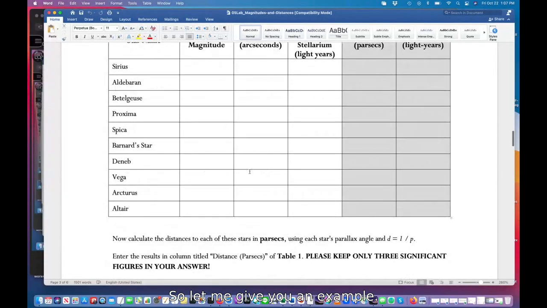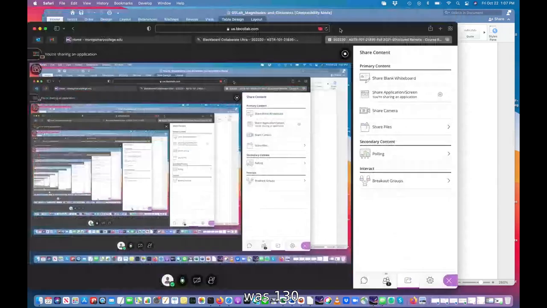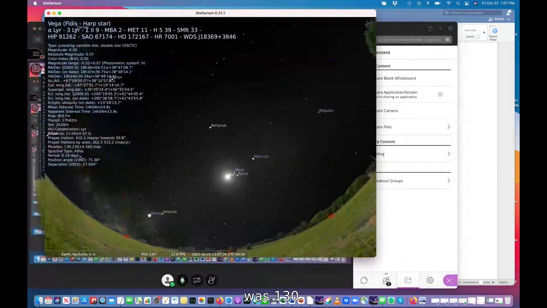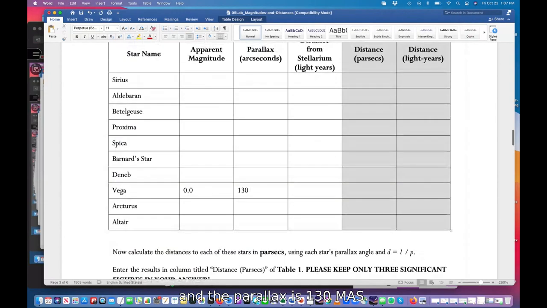So let me give you an example. In Vega, remember, we just read this, and the parallax here was 130 MAS. So let me write this. The Vega apparent magnitude is 0.0, and the parallax is 130 MAS.